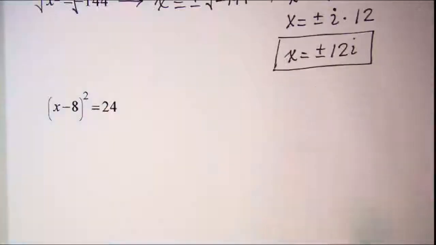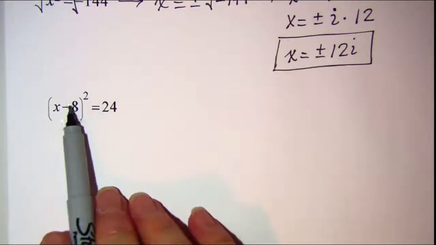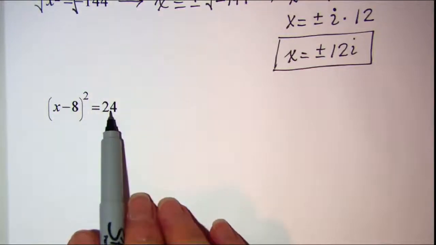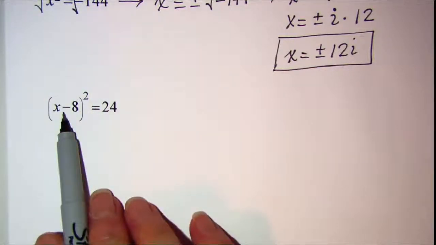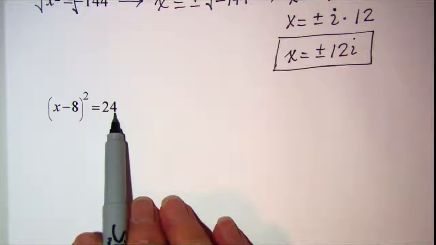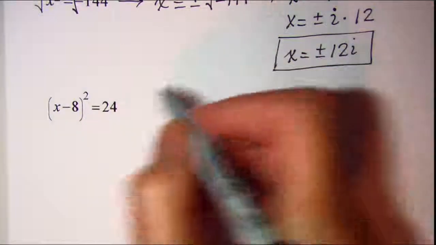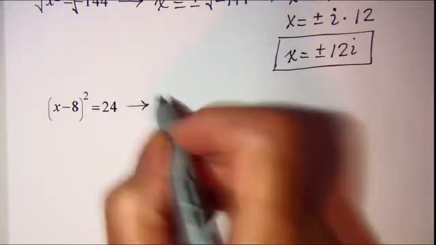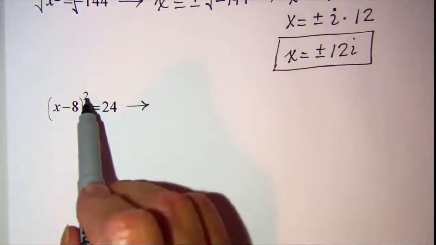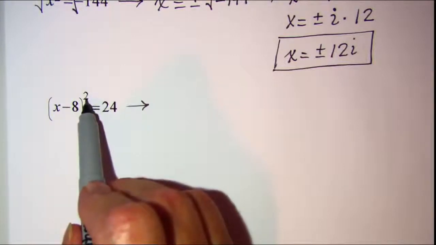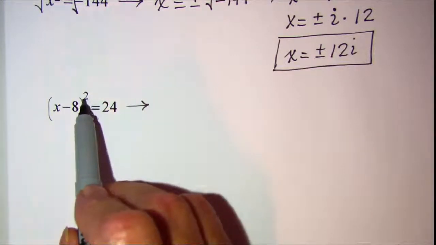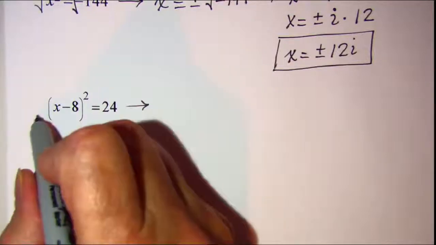One more example. On this one, I don't have just x squared equaling a number. I have a quantity squared equal a number. Now instead of multiplying this out using FOIL, it's easier for us to just go ahead and square root both sides because we want to remove this squaring operation. So I'm going to do that.